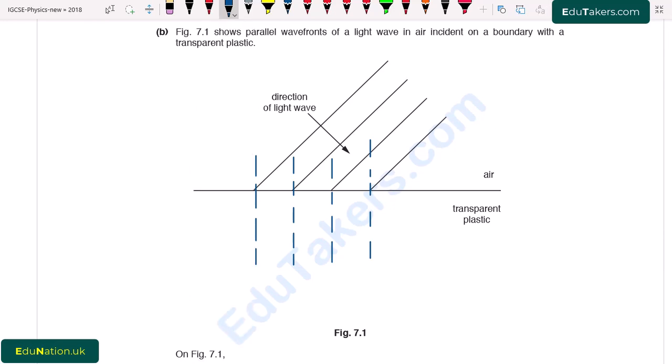Now I have drawn all the normal lines. So I have to draw the refracted ray.